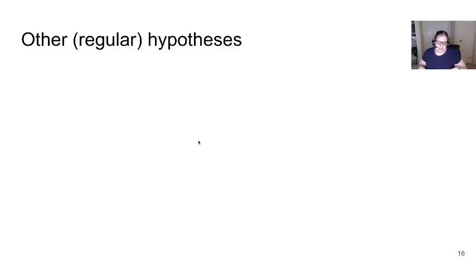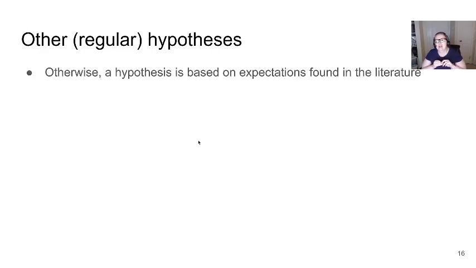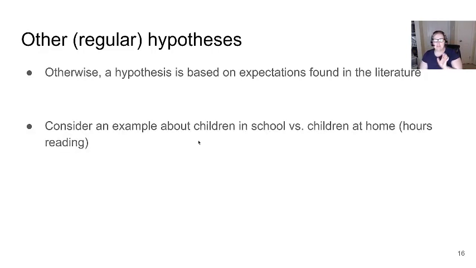Now, regular hypotheses or other hypotheses, I usually call them regular, just so that you're like, it's not null, right? These are ones that we propose based on expectations found in the literature. So let's consider an example about children in school versus children at home, and specifically hours reading, okay? So we have context where the children are, are they in school, are they at home? And context is a construct in this case, where are we?